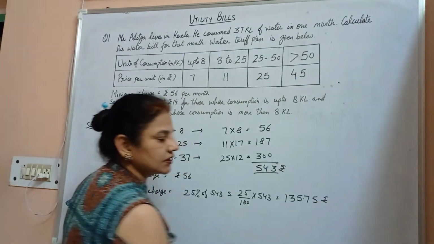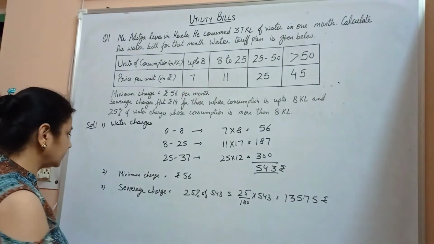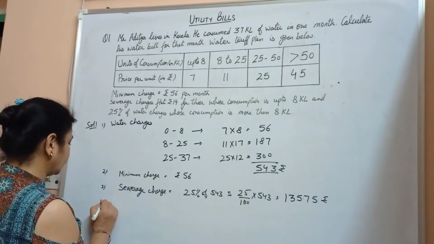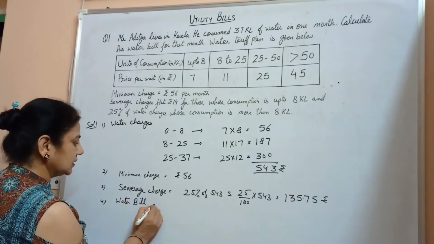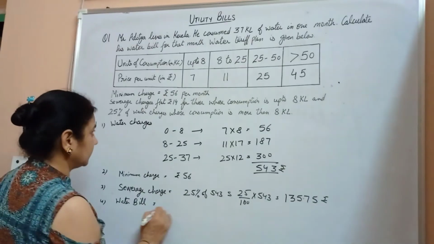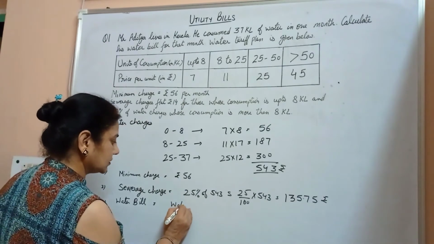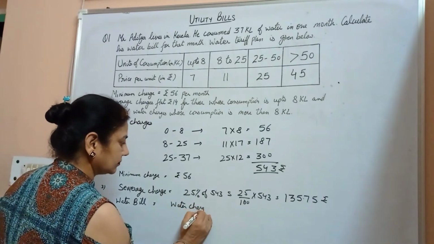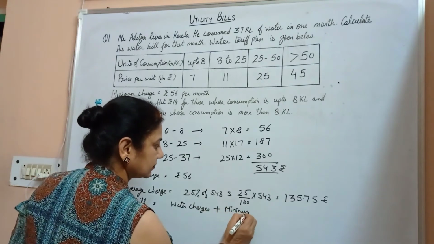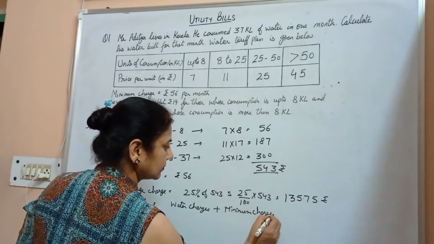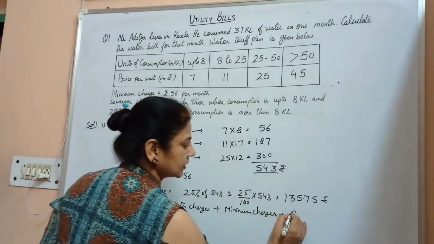That is 135 rupees 75 paisa. Now the fourth point is the water bill. Water bill means the sum of all charges. That means water charges plus minimum charges plus sewerage charges.